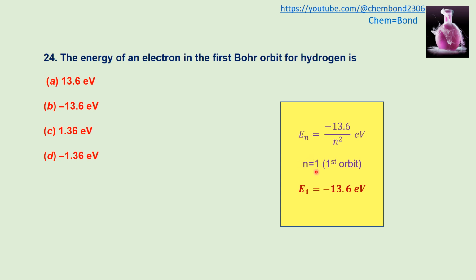For n equal to 1, because here the first orbit is given in the question, n will be taken as 1. So n square is equal to 1 square, minus 13.6 divided by 1 square will result in minus 13.6 electron volt. So B is the correct answer.